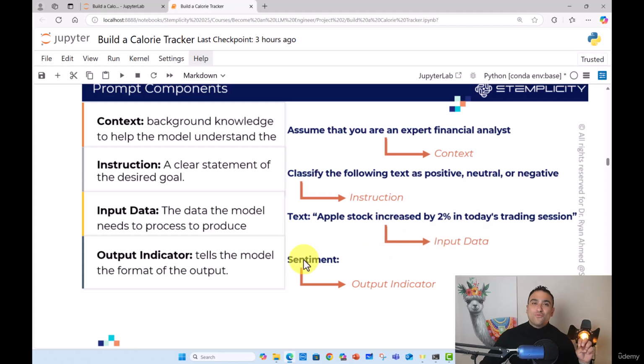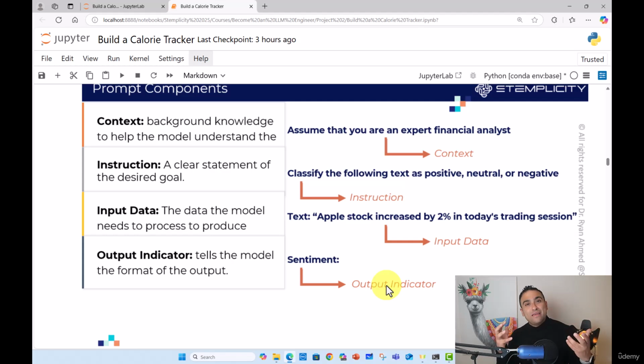And then what you do as well is that you give it what we call an output indicator. For example, I can say sentiment, colon, and then just leave it blank. So the artificial intelligence model is going to first understand what is the context, know exactly what to do. It's going to take the input and it's going to generate the output.